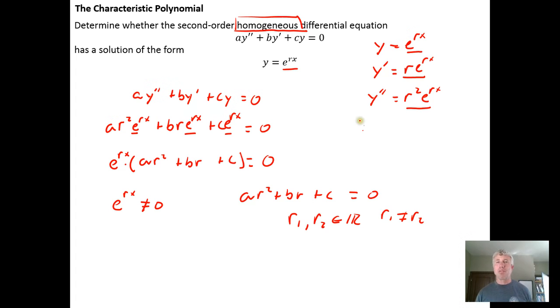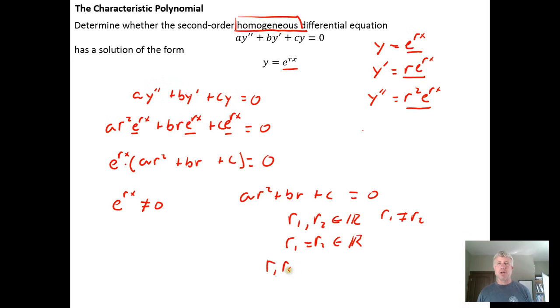We always looked at whether the discriminant was positive, was equal to 0, or was negative. And that determined whether we got two real solutions, a repeated root, or two complex numbers.